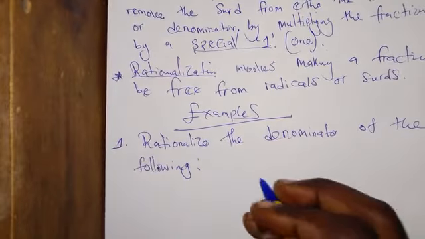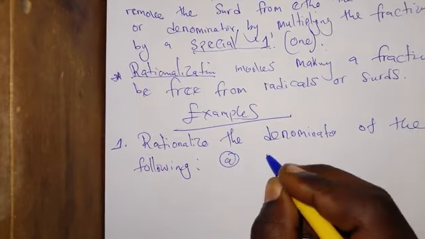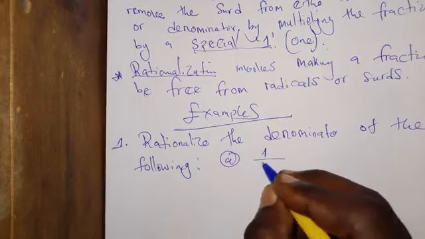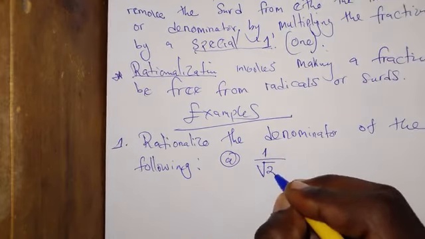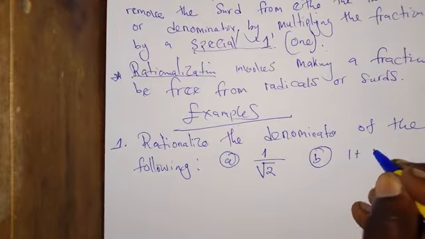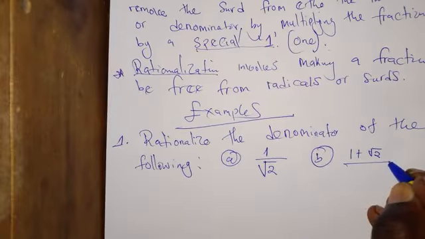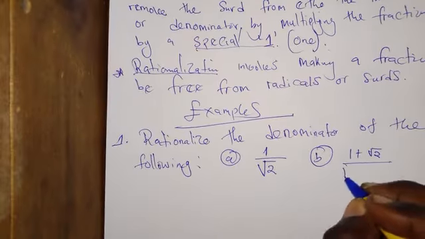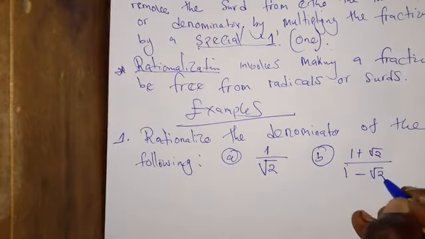So we're going to rationalize the denominator of the following. The first one will be 1 over root 2. The second one will be 1 plus root 2 over 1 minus root 2.